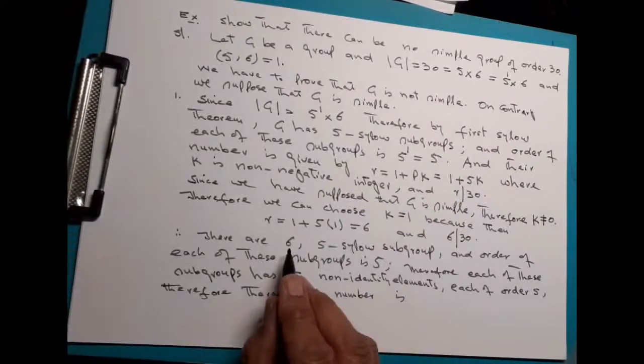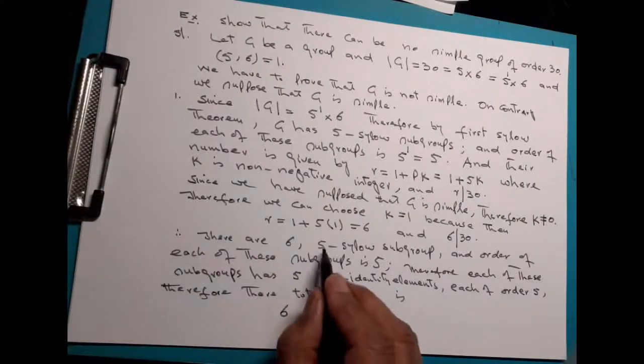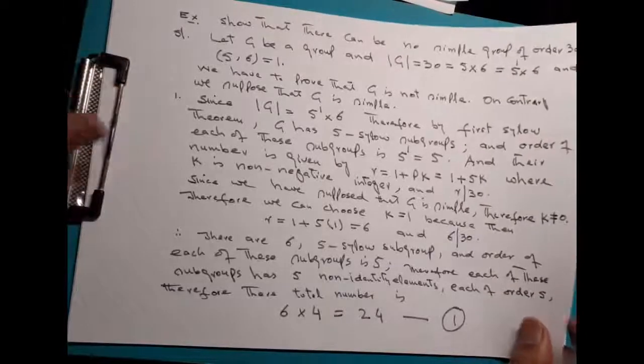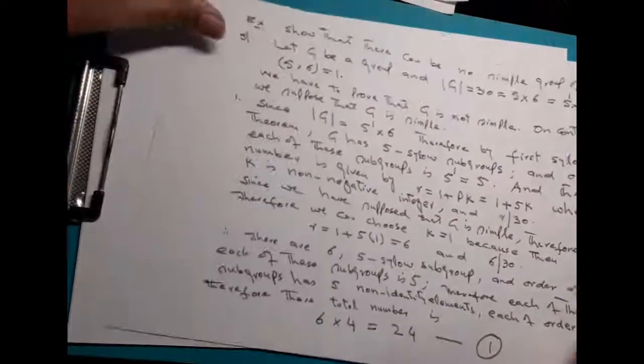Now there are 6 subgroups, and the order of each subgroup is 5, and if you take the identity element out, the remaining non-identity elements are 4. So the number of non-identity elements is equal to 24, and each of these elements is of order 5.